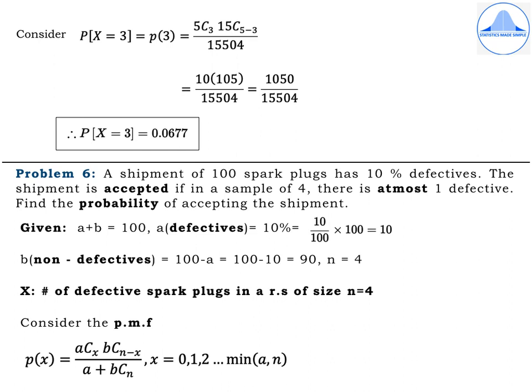The next step is to define capital X, that is the number of defective spark plugs in a random sample of size n equal to 4. The next step is to write the general format of the PMF of the hypergeometric distribution, that is P of x equal to ACx BC(n minus x) divided by (A plus B)Cn, and x takes the value 0, 1, 2, so on, minimum of A, n.